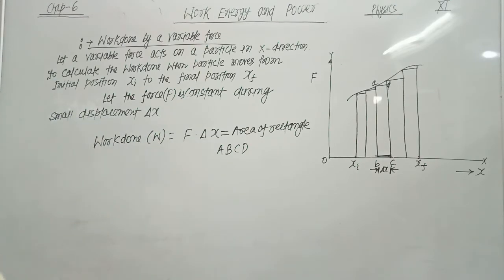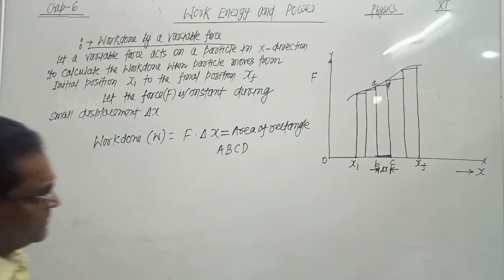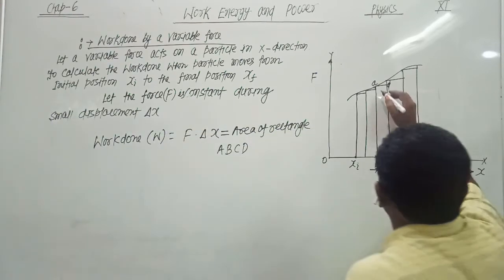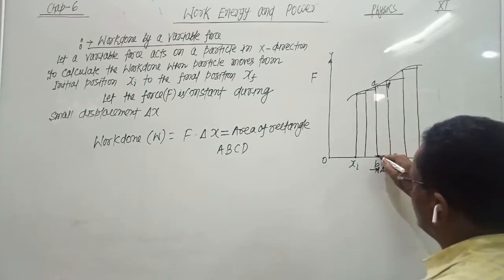So the work done by the variable force is found by finding the area of a rectangle, and adding the areas of all rectangles, we get the total work done.